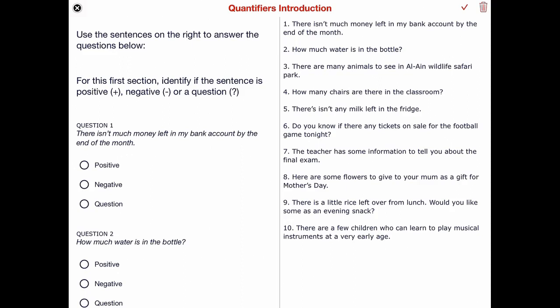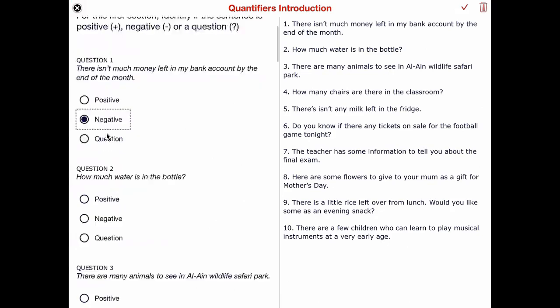So we're going to be looking at the sentences on the left over here, and we're going to be answering the questions over here. We're going to look at the sentences on the right and answer the questions on the left. So the first one asks us to look at the sentence and decide if it's positive, negative, or a question. Since we have isn't, and this part right here is short for not, that's a negative.